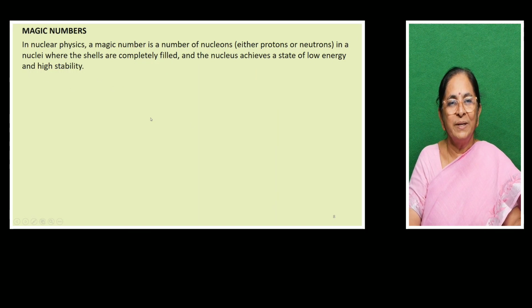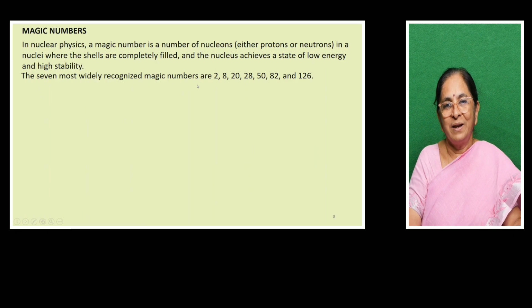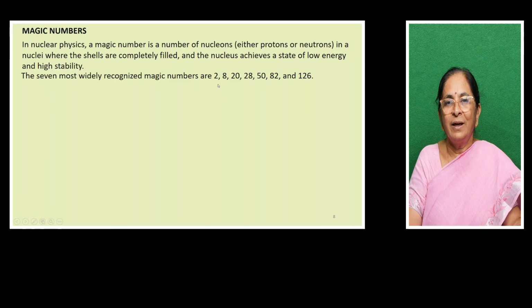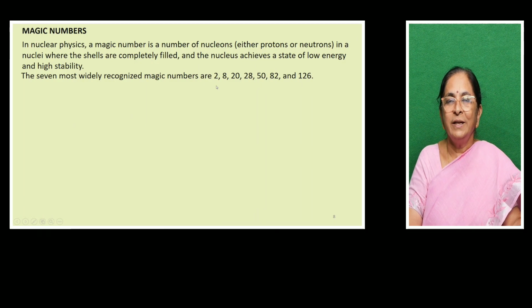So what are the numbers? There are 7 most widely recognized magic numbers. Research is still going on and scientists are finding some other magic numbers also. So far, what is completely approved by the scientific community is nuclei having a nucleon number, either proton number or neutron number, equal to 2, 8, 20, 28, 50, 82 and 126.